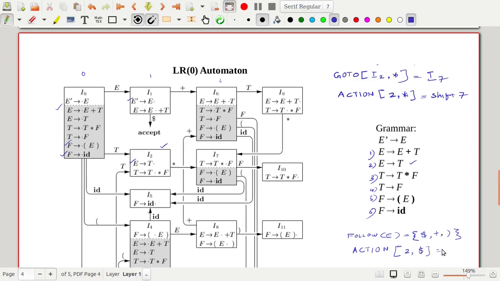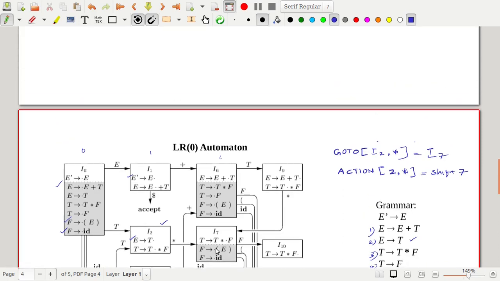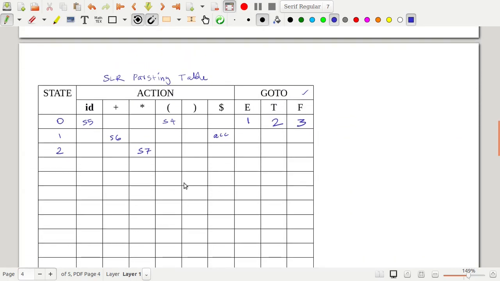So reduced by production 2. Okay, this one we have changed the number, so reduced by 2, and in short form we can write it is R2. So in our table, action of 2 comma dollar will become R2, reduced by production 2.